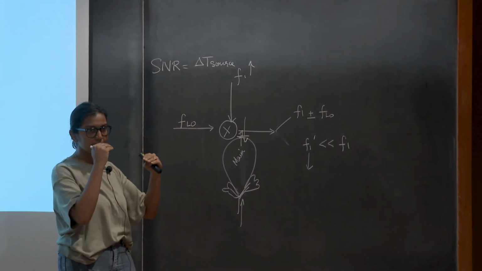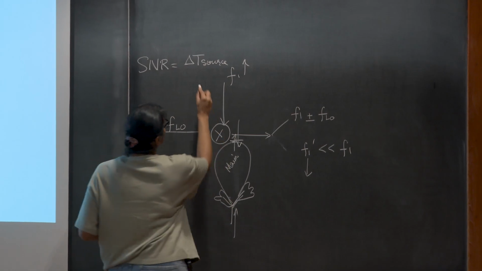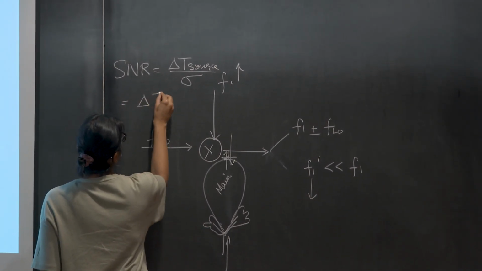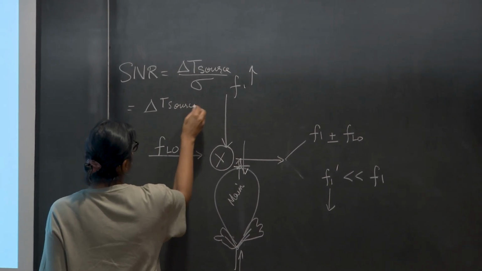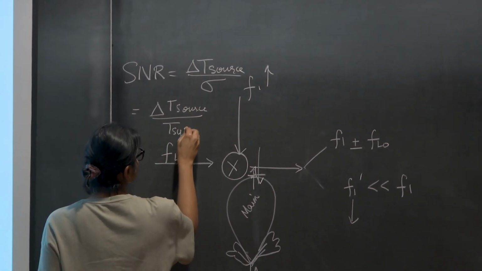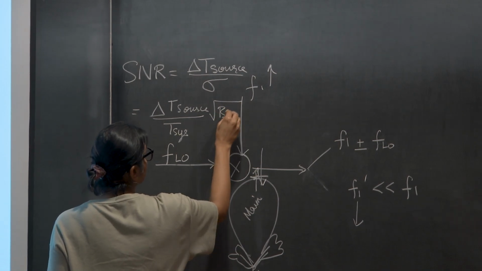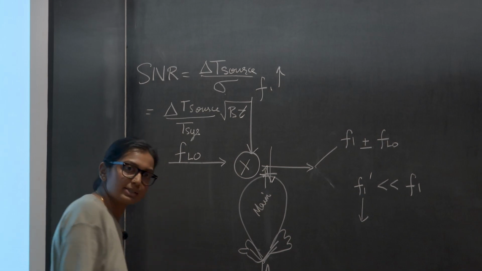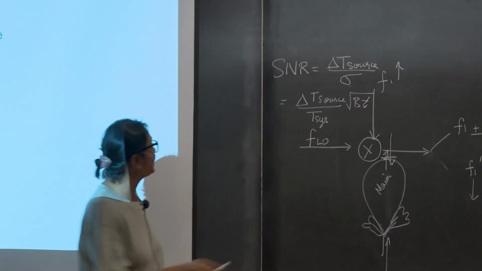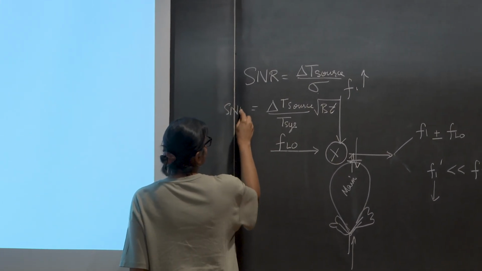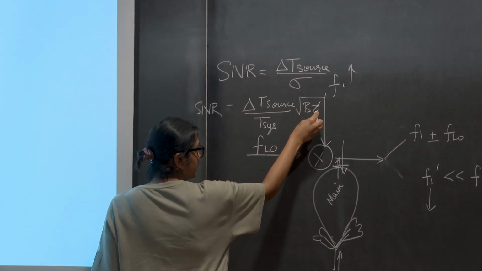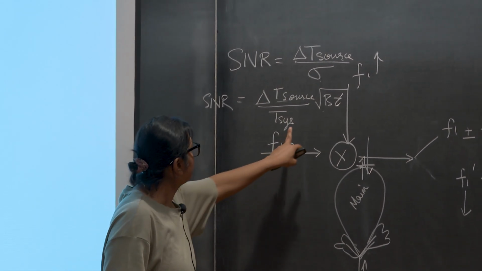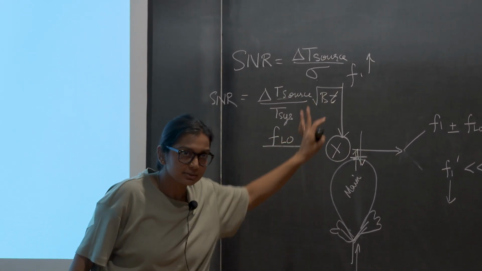Hence, there's a small bump, that's the delta T, divided by the sigma, which is nothing but delta T source by T sys times square root of B tau. This is the signal to noise ratio. So if you want to increase your signal to noise ratio, you can either increase B, increase t, or reduce T sys. This you don't have any control over, this is coming to you from the sky, but you can decrease this or increase this.